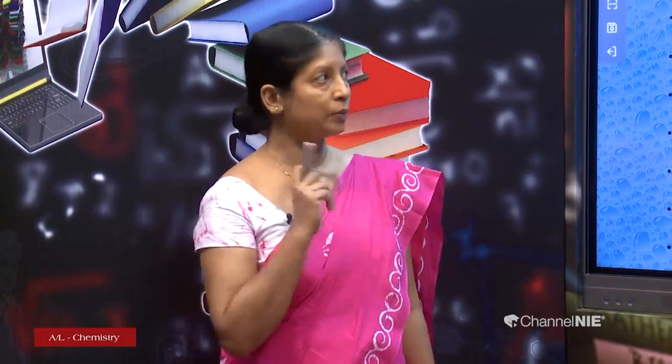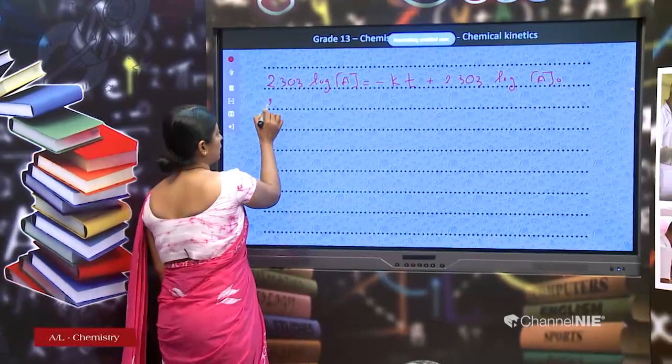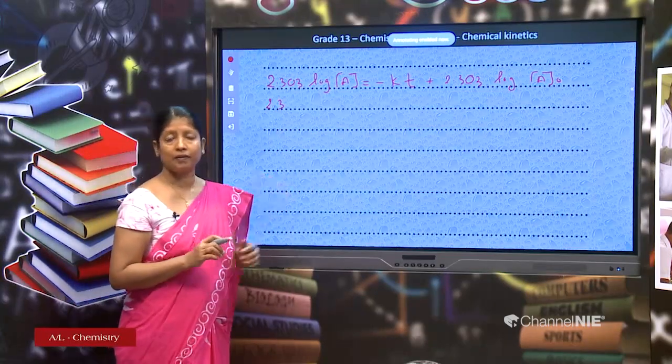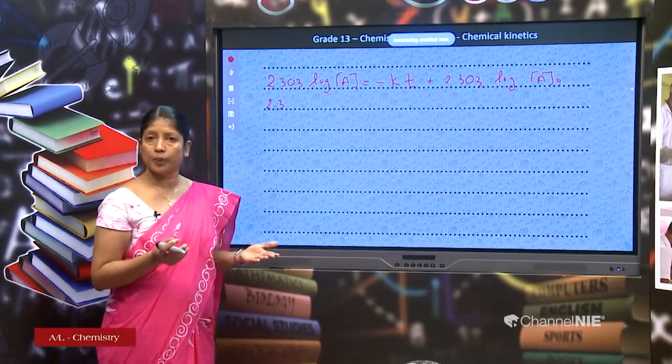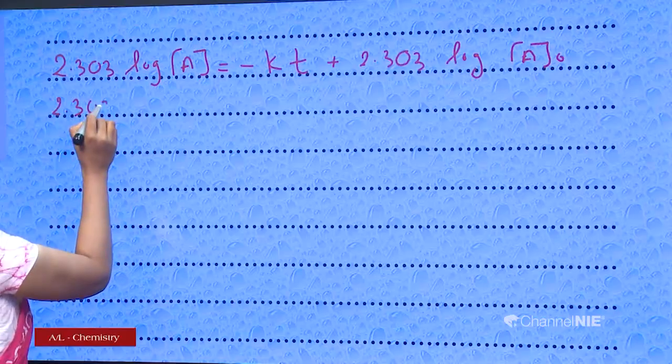So, now I am going to make a small change in this expression. Do not worry about this initial equation. In our A level paper that will be given. All you need is to get the expression for the half life. So, then I will write this as it is.